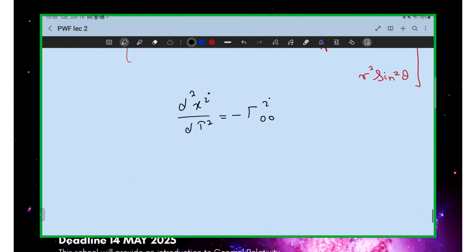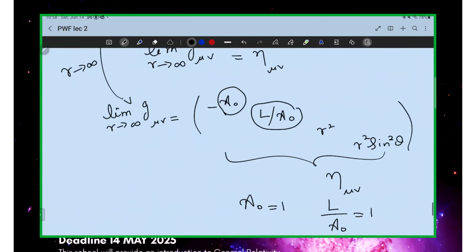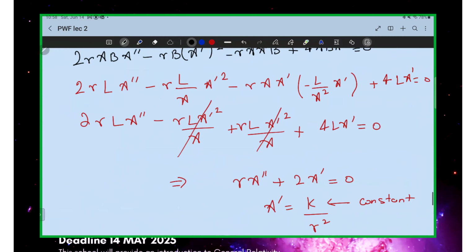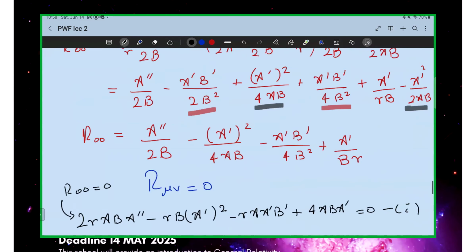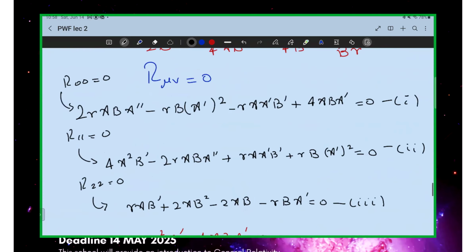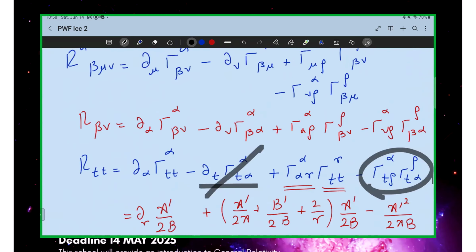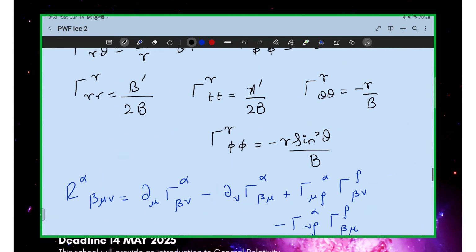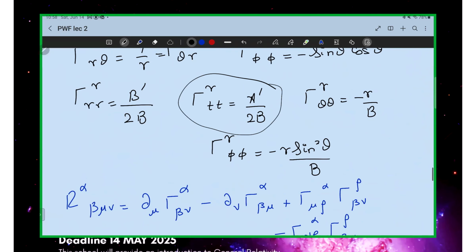So let me just use it for i equals r, so just the r component, which means 1, right? So what is the expression for that Christoffel symbol? So I need Gamma r00. So here it is. A prime over 2B.